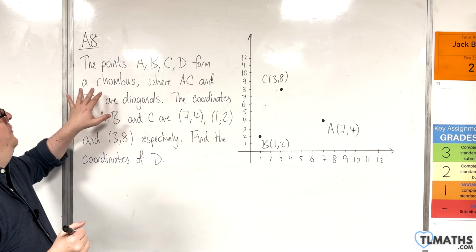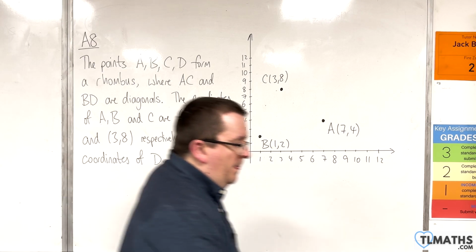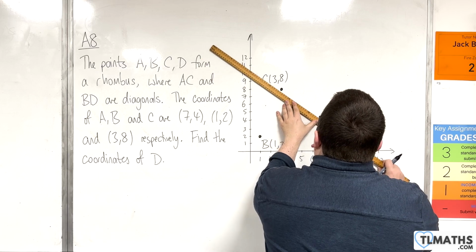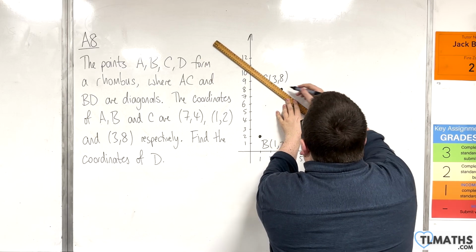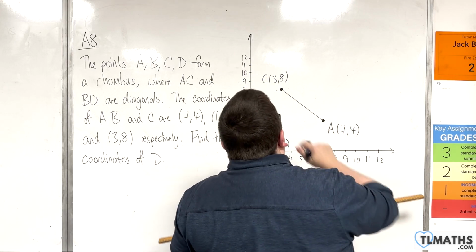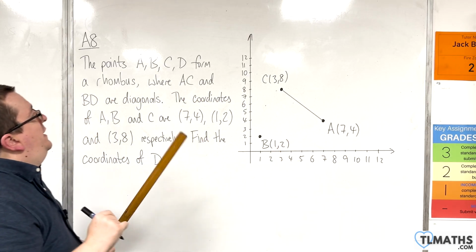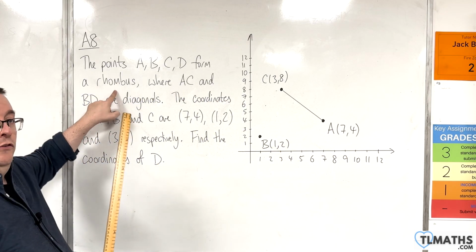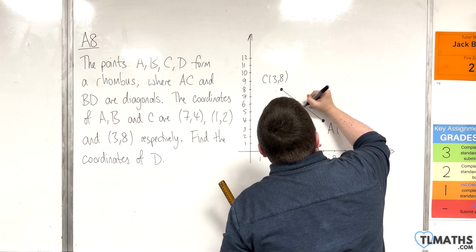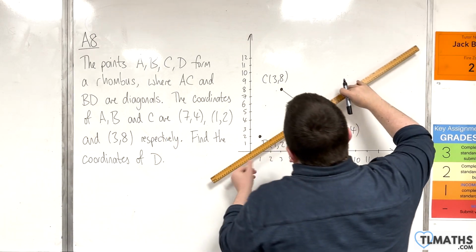Now in the question, we're told that AC and BD are diagonals. What that means is that the diagonal BD must go through AC's centre because it's a rhombus. So somewhere around there is the centre of that line.